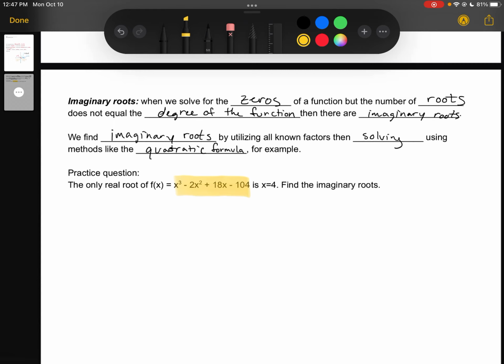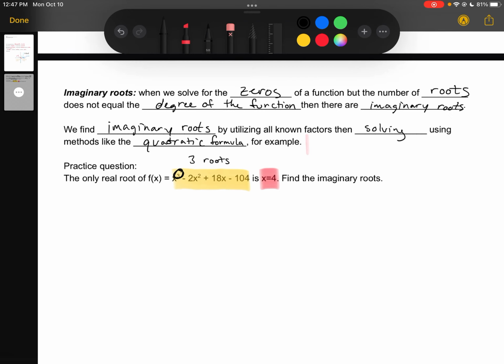But if we did work through this and try to get all those answers, the only thing that worked that we found was x equals 4. There were no other roots. Well, the problem is, based off of what we talked about in class, third power, we expect to see 3 roots. So sad face here, because we only have 1 root, so there must be 2 imaginary roots.